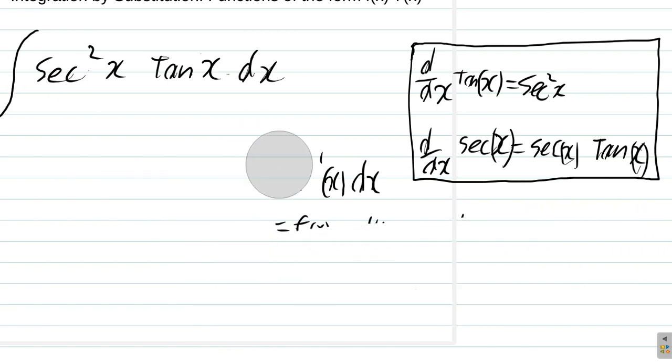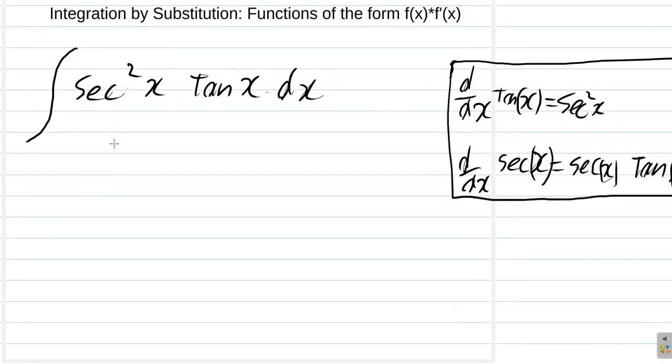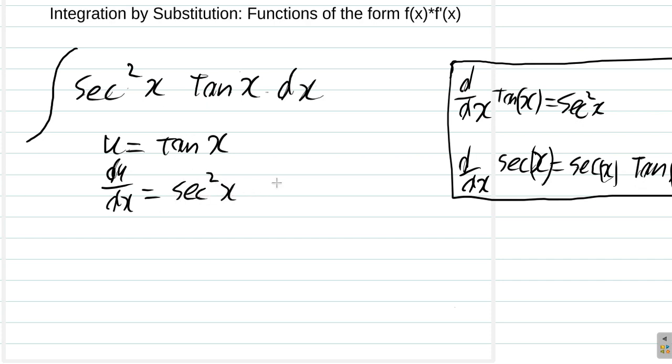Now, let's consider here that we have u is equal to tan x. So we're going to differentiate tan x. du by dx is sec squared x. So that dx is equal to du over sec squared x. See that?